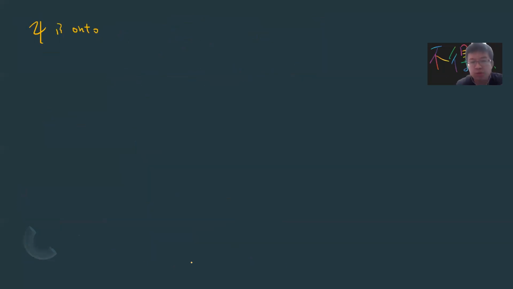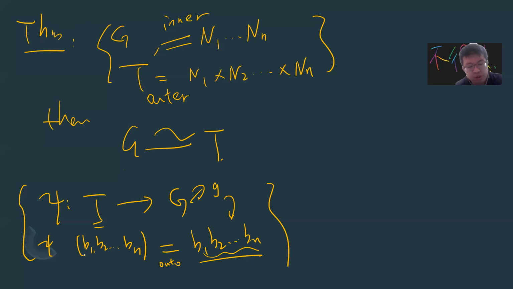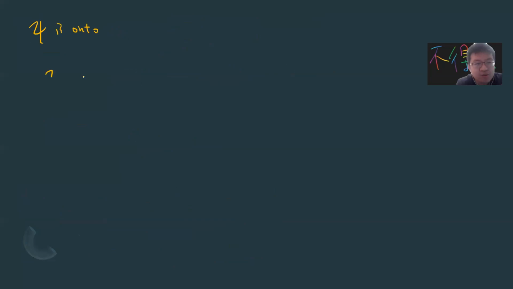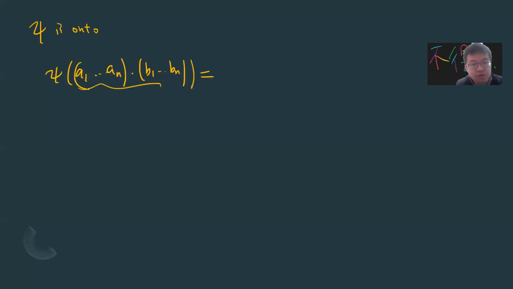So the only remaining part is to prove this is injective. But maybe let's first check this is a homomorphism. If you take the product, in terms of the outer product it will be A1 B1, A2 B2, up to An Bn.